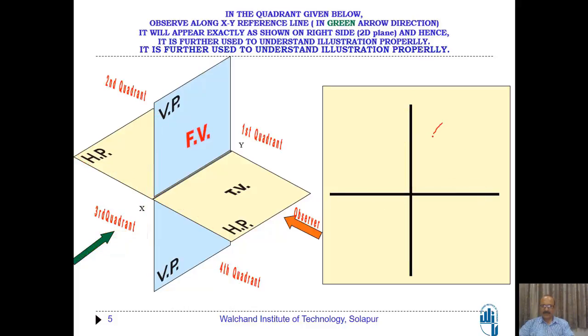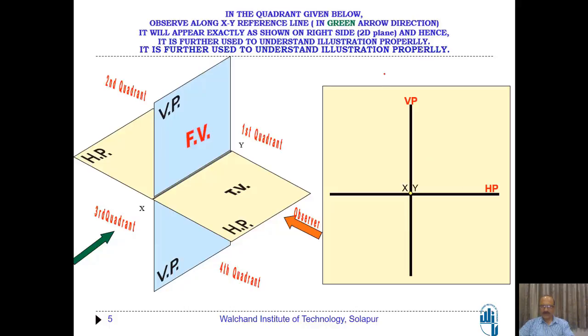So this is the first quadrant, second quadrant, third quadrant, and this is the fourth quadrant. Here the XY line, while you are observing from this particular direction, looks like a single point, because we are observing this line in this direction. So this is located here as a single point.